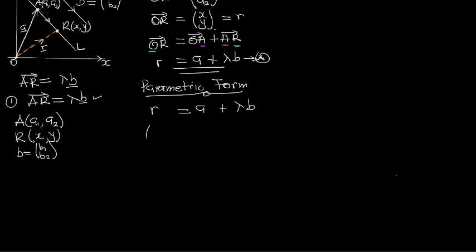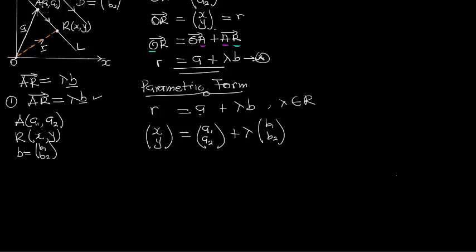So in this form, I put X, Y in terms of position vector, and here I have OA, A1 and A2, plus lambda B1 and B2. Let's not forget that lambda is a real number, a scalar.